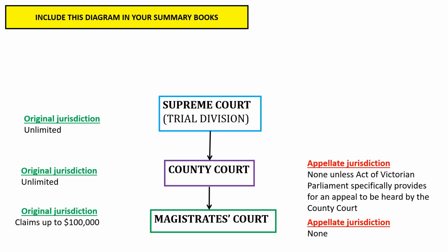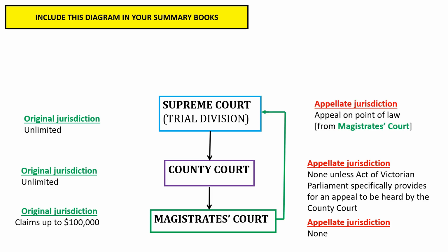So, it's for the plaintiff to choose whether to bring their civil dispute to the County Court or to the trial division. In making their decision, the plaintiff will take into account things such as the complexity of the civil dispute and the costs that the plaintiff is willing to bear in bringing that dispute to either the County Court or the trial division.